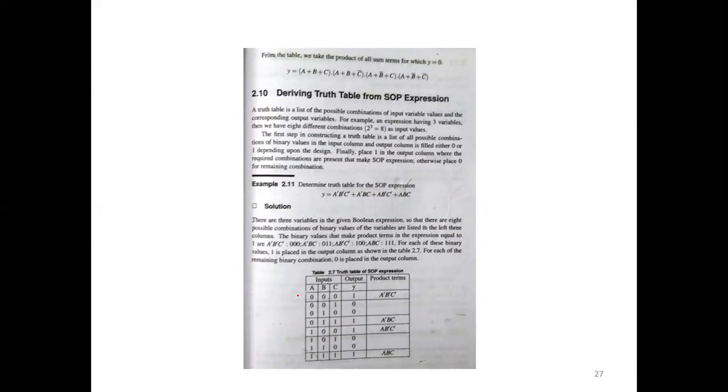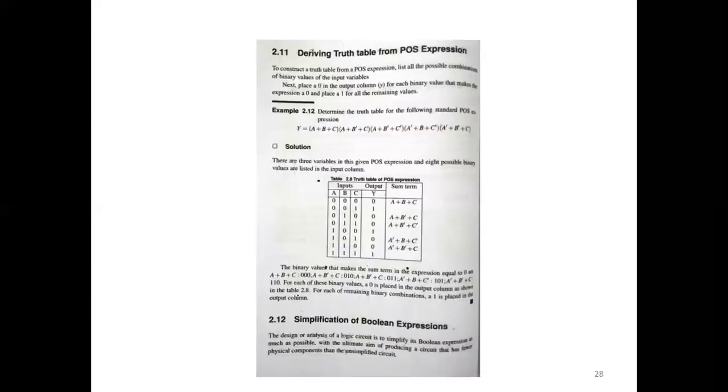Okay, now derive the truth table from the SOP expression. Determine the truth table for the SOP expression y equal to a bar b bar c plus a bar bc plus a b bar c plus abc. The same concept is used here. The simple concept for any function or truth table: if the output is 1, that is SOP, and if the output is 0, that is POS.